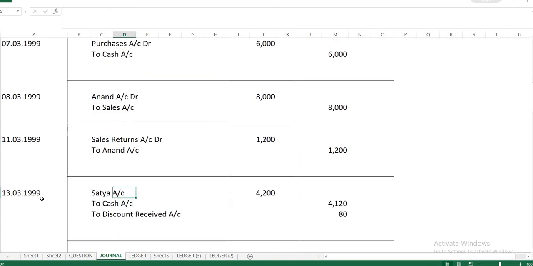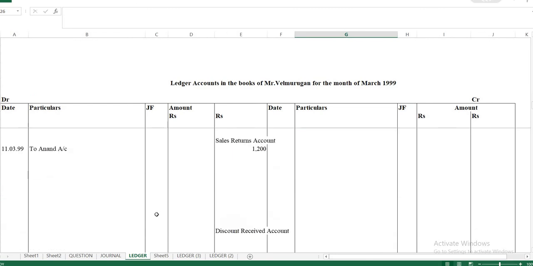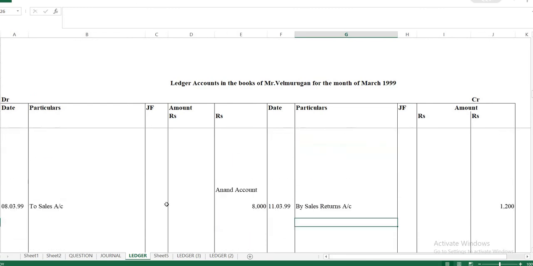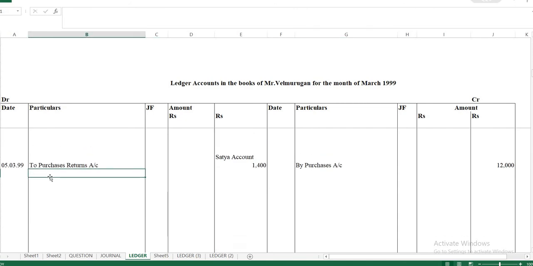Next, on 13th March, if you see, Satya account to cash account to discount received account. Okay, first we can fill up the Satya account. When entering in the Satya account, you have to give to cash account, to discount received. So where is the Satya account? Go to the front, Satya account is here.